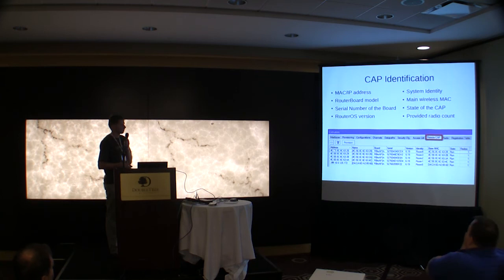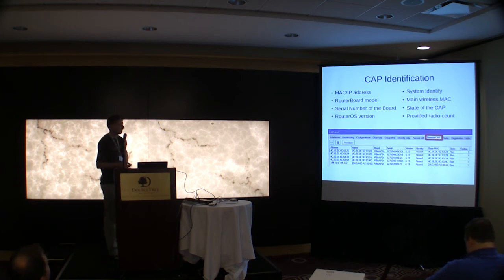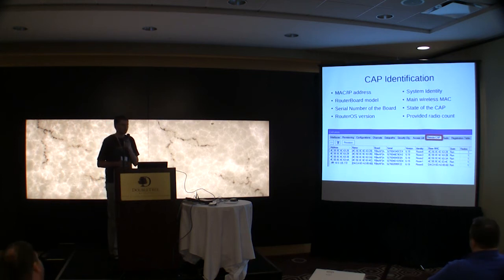You can see if the cap is connected to CAPsMAN by MAC or by IP layer. Then you can see the router board model, if it's a MAP or RouterBoard 433 or SXT. Then you have the RouterOS version, what version it runs. For example, if you see that one of the caps is running an old version, you see some troubles, it means that you need to upgrade that.